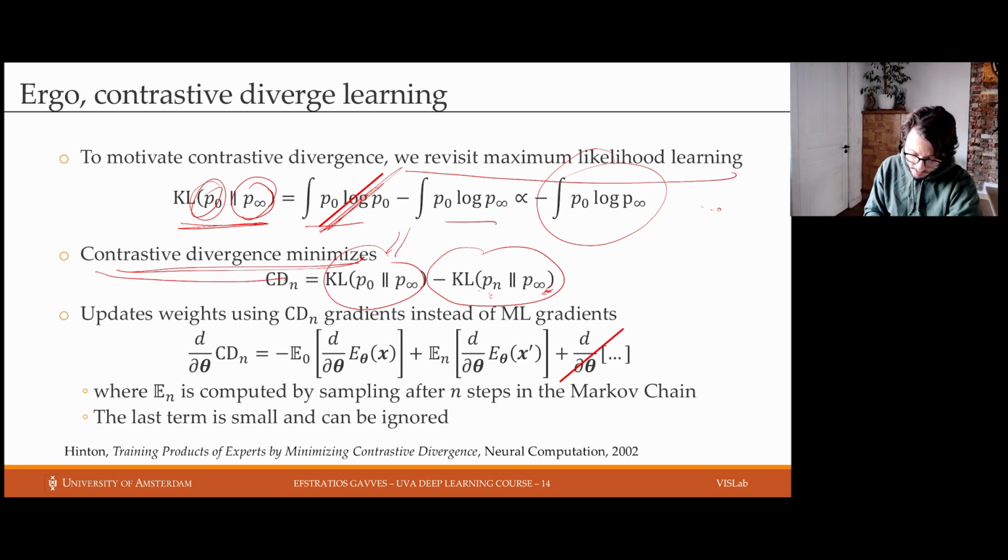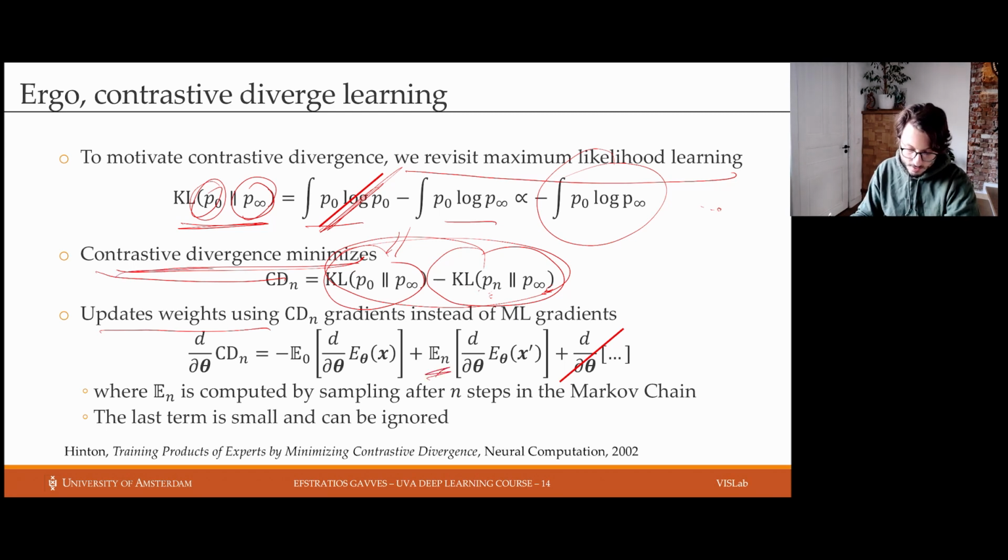With contrastive divergence, basically what we do is take the difference of the two divergences, compute the gradients of that quantity, the contrastive divergence quantity, and update the weights accordingly. So instead of using the maximum likelihood gradients to update our weights, we're using the contrastive divergence gradients.